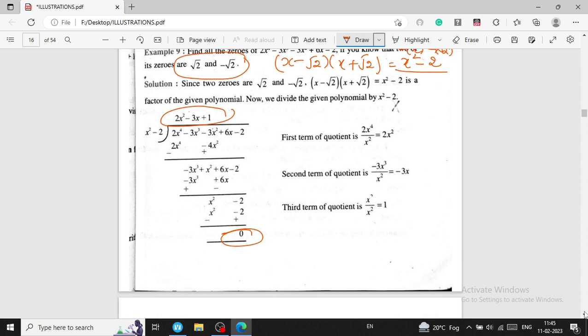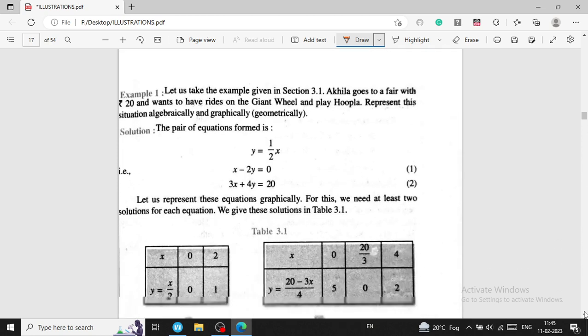Now the next question is from the next chapter.